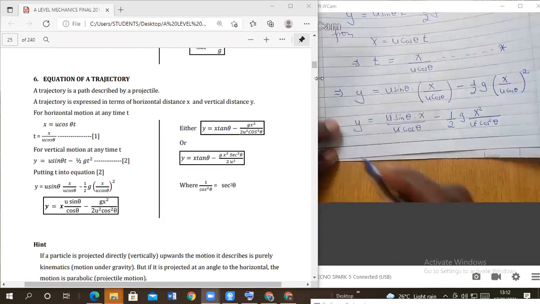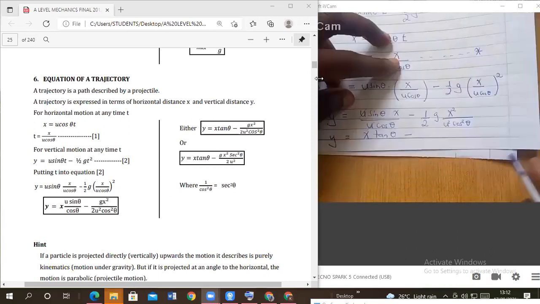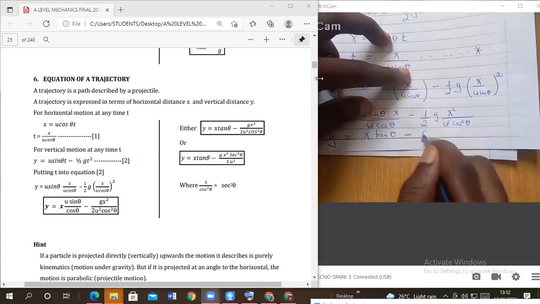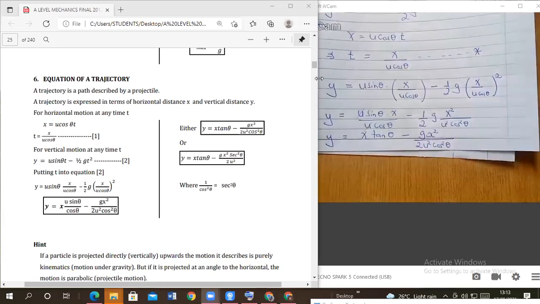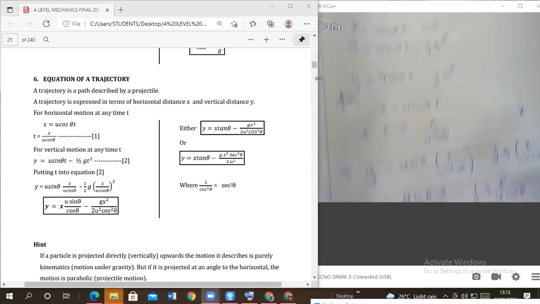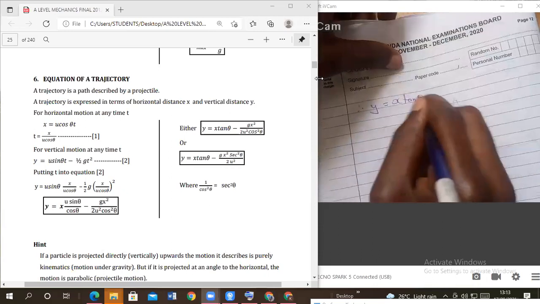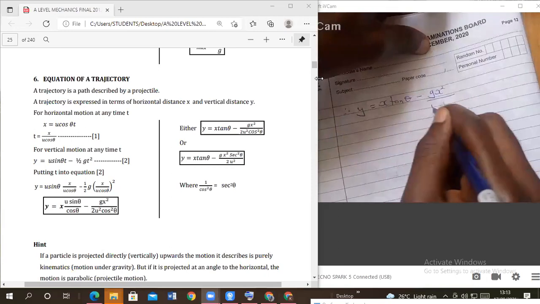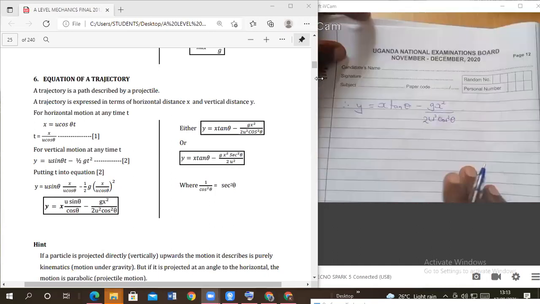So our y will be equal to x tan theta minus g x squared over 2u squared cos squared theta. Therefore, y equals x tan theta minus g x squared over 2u squared cos squared theta. That's one equation.